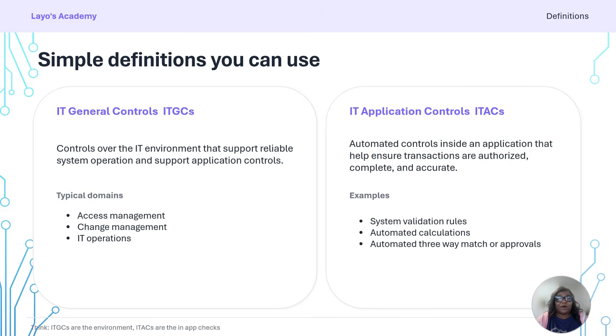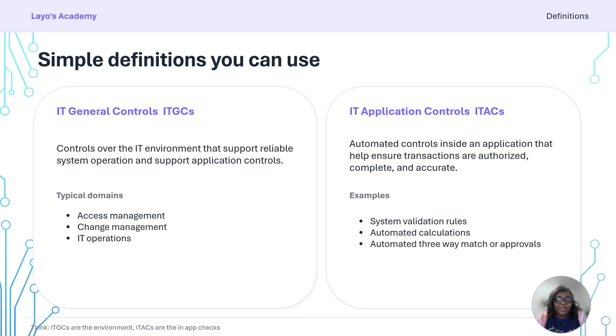They are the controls that create the environment of trust, that yes, there's something in place to mitigate risk. Think of IT general controls as the controls that answer the question: can we trust the system to operate in a controlled and secured way?